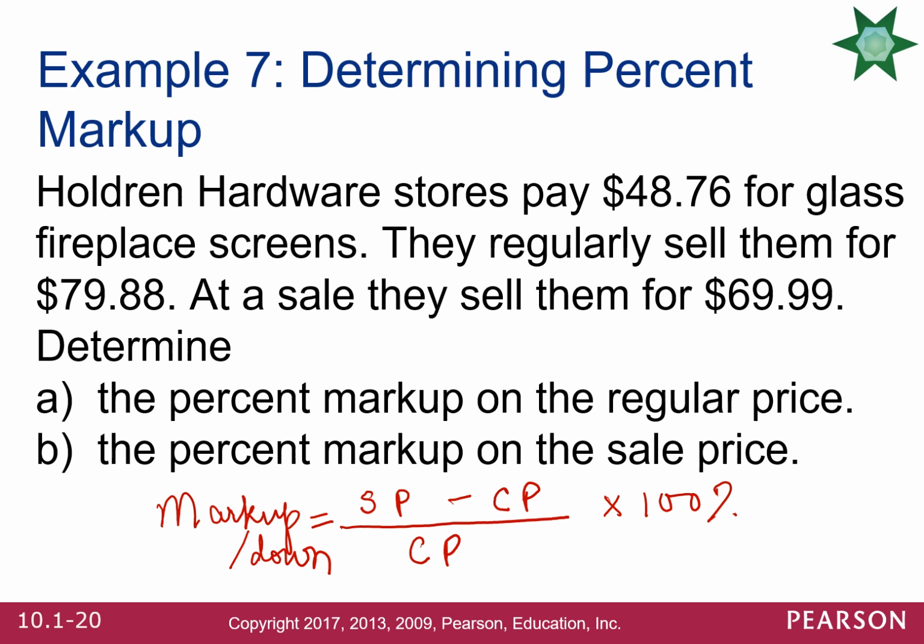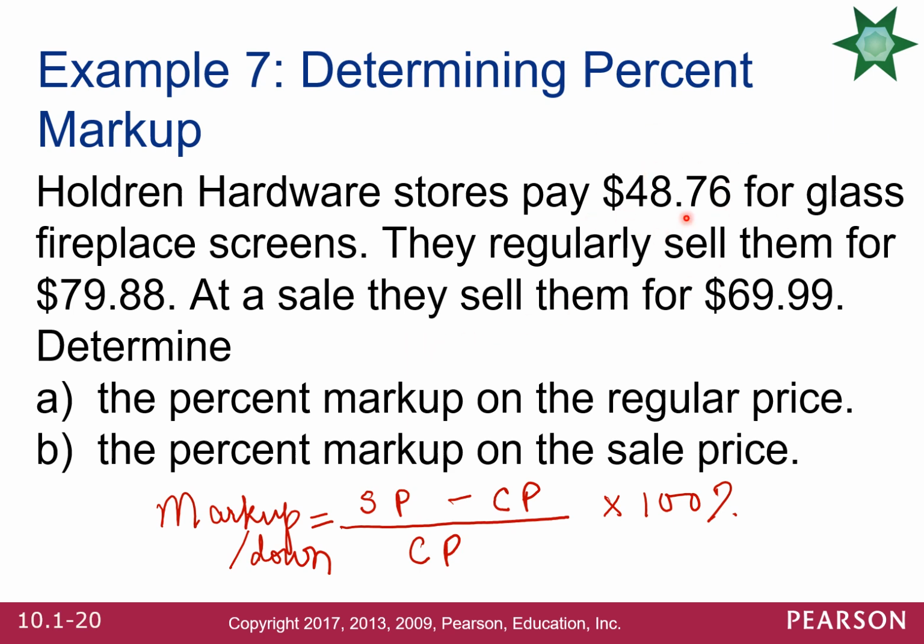All right, so let's try to understand what would be the selling price versus what would be the cost price for this problem. The hardware stores pay $48.76 for the item when they purchase it and bring it to their store to sell it as retail.